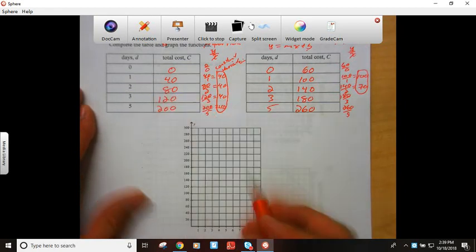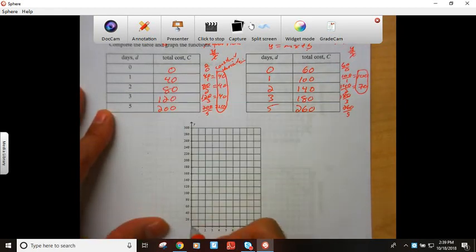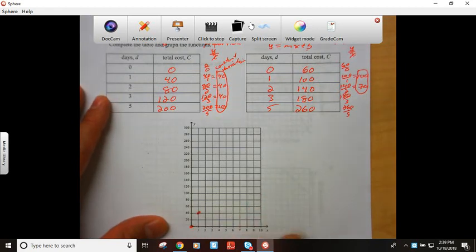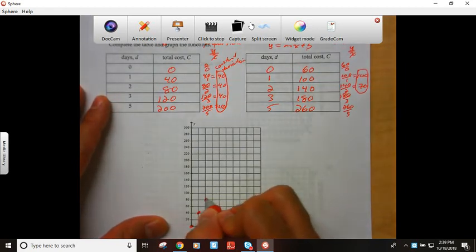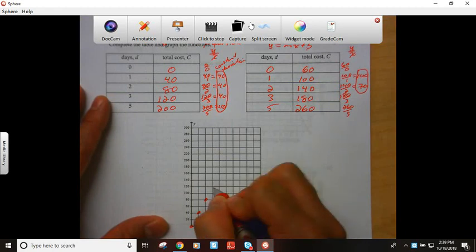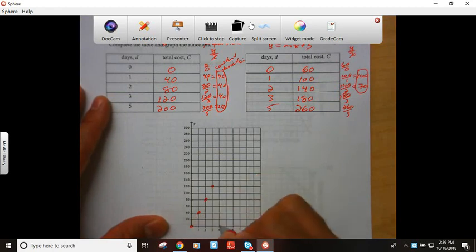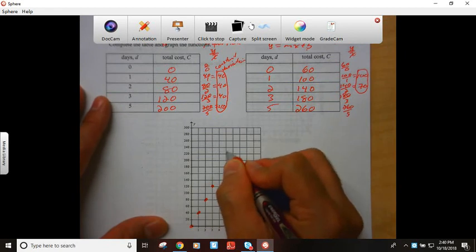All right, now let's take a look at it as a graph. When I graph Company A, it starts at 0, 0. At 1, it's $40. 2 is 80. 3 is 120. And 5 is at 200.